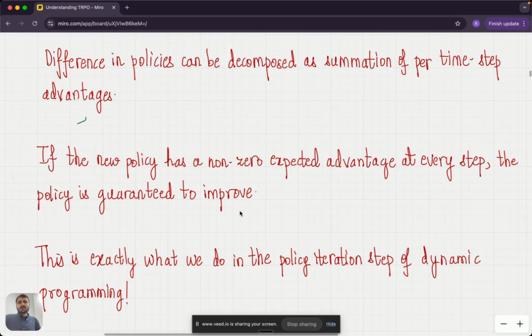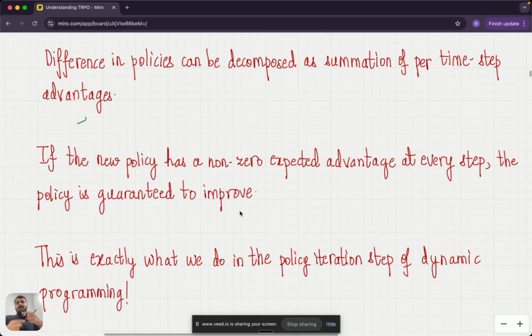Now what I'm going to do is go to all my states and see if there is any action which gives me better value than my current value function for that state. And if I find some state like that, I am immediately going to change the policy. I'm going to change my old policy and change the action which my agent took for that state to the new optimal action.